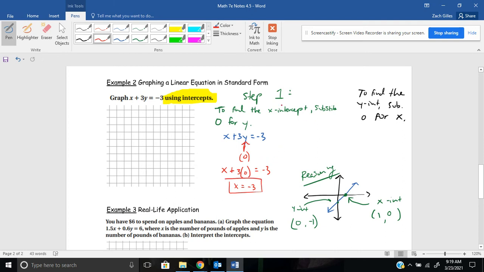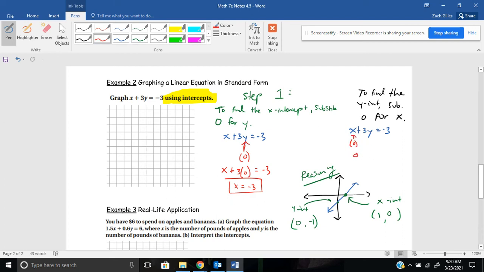Let's do the same for the y-intercept. My original equation is x plus 3y equals -3. To find my y-intercept, I'm going to substitute 0 for x.